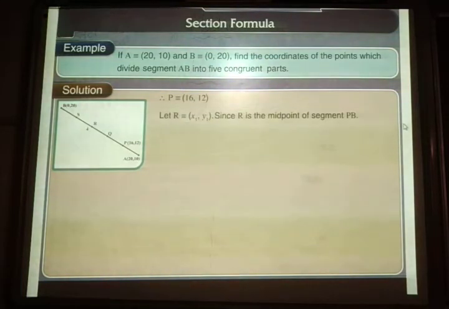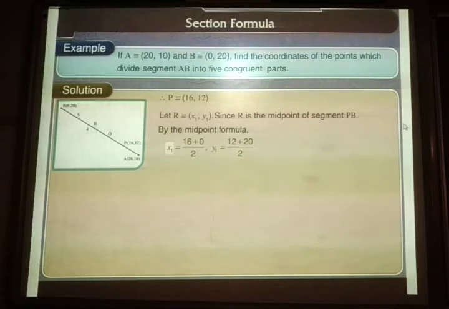Let the coordinates of point R be x1, y1. Since R is the midpoint of segment PB, by midpoint formula, x1 is equal to (16 plus 0) upon 2 and y1 is equal to (12 plus 20) upon 2. Therefore, the coordinates of R are (8, 16).